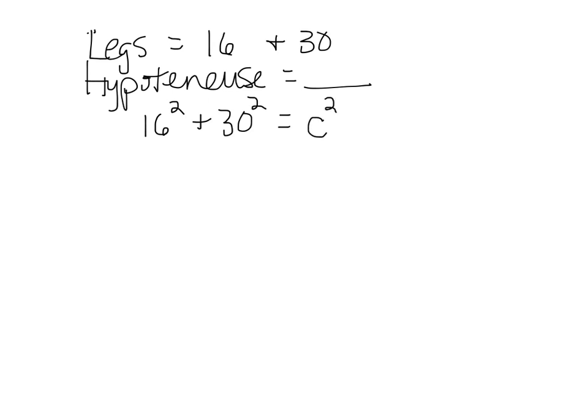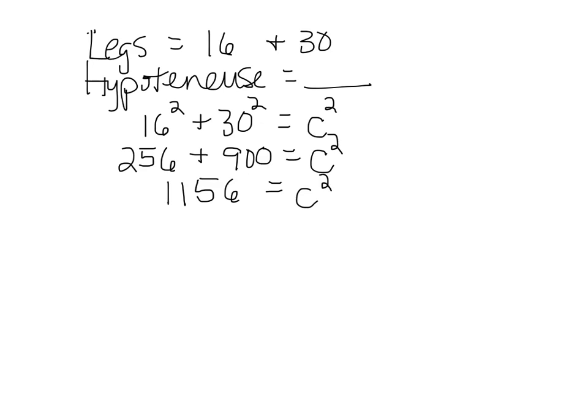We're plugging in for a squared plus b squared equals c squared. So 256 plus 900 has to equal c squared. When I add those together, I get 1,156 is equal to c squared. And to find out what c is, I take the square root of both sides, and I find out that c is 34.